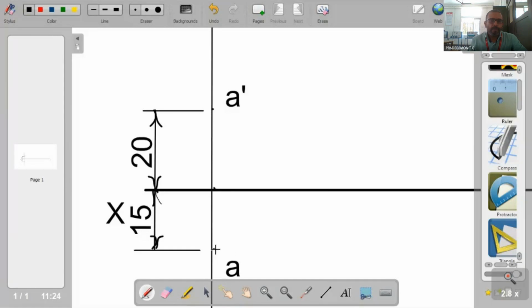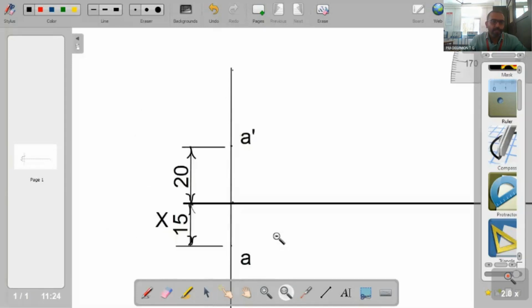And when you are drawing, only a point should be visible there, not a line, where you mark A dash as well as A. So this is the first drawing.